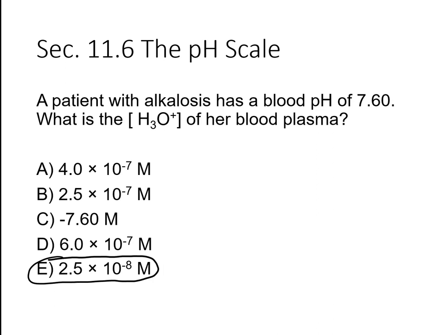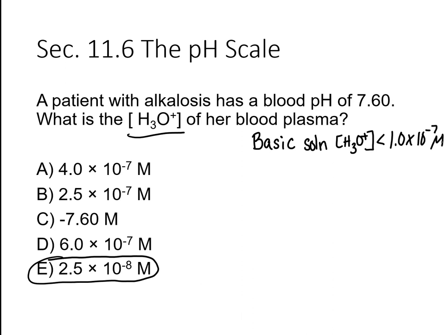Alkalosis, blood pH of 7.6, that means that we have something that is basic. Another way to describe a basic solution is to say that the concentration of hydronium, which remember, we're talking about hydronium, not hydroxide, is going to be less than 1.0 times 10 to the minus 7 molar.